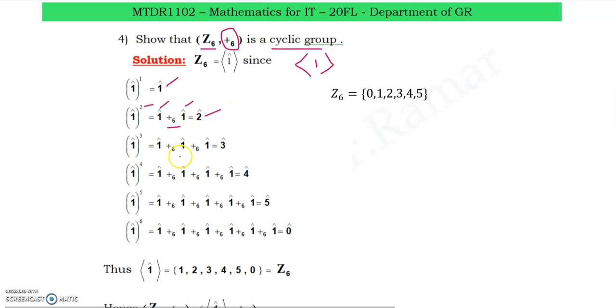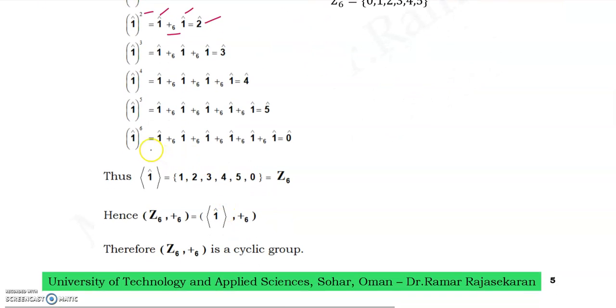Similarly you can do this. Now you see this one, 1 power 6, which means you write 1 six times, and then in between apply the given binary operation, that is addition modulo 6. Actually here the answer is 6, but here you write 6 is equal to 1 multiplied by 6 plus 0, because the modulo is 6.